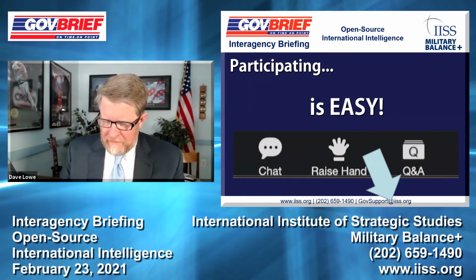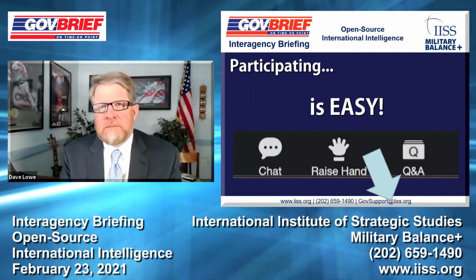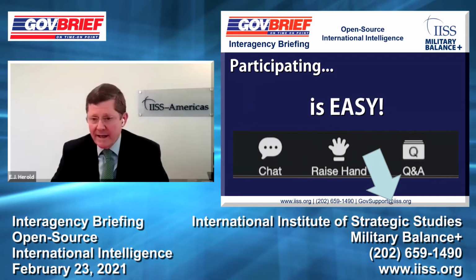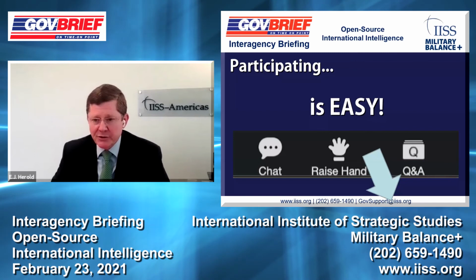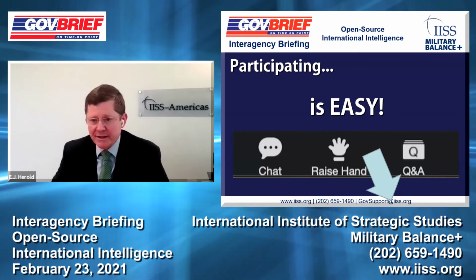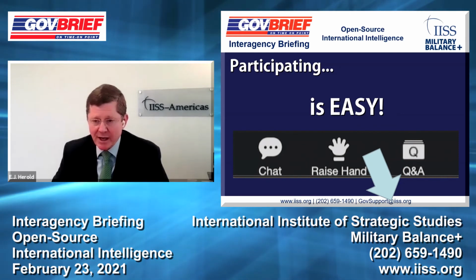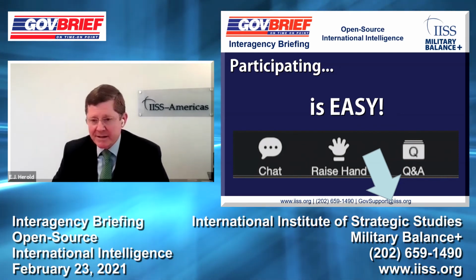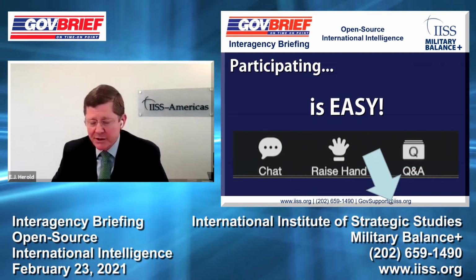So I have a couple questions here. Where do you get your data? Great question. So our data is publicly available information. We have a team of researchers that gather this information year round and continuously update the database. As I said, we've been doing this for 60 plus years.